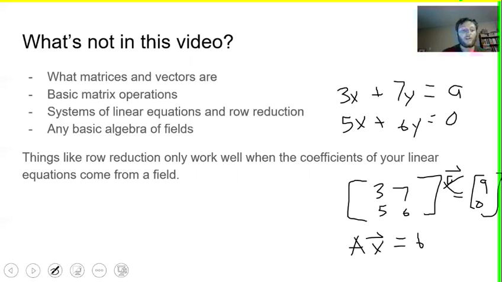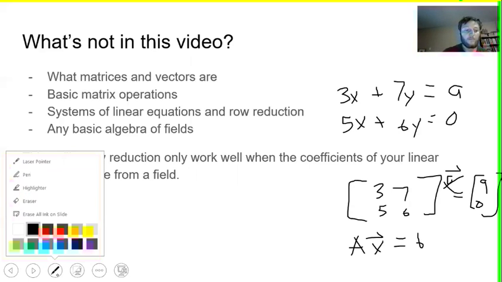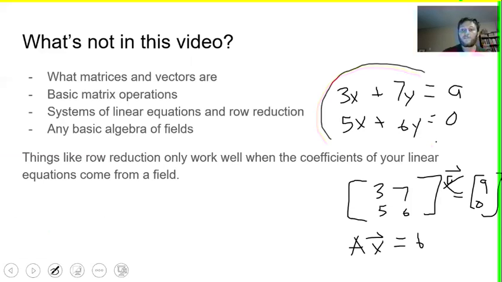So all of the coefficients to these equations are integers, but of course this system of linear equations, at least it doesn't look like it, is not going to have an integer solution. You're going to have to move to the rational numbers if you want to solve this system of linear equations.